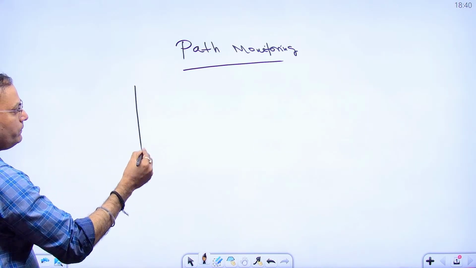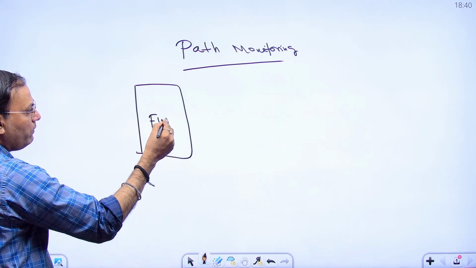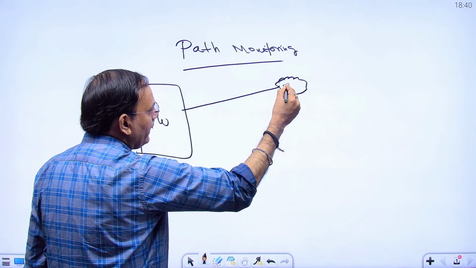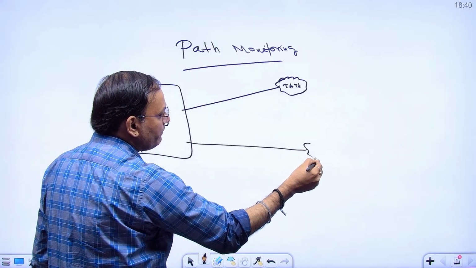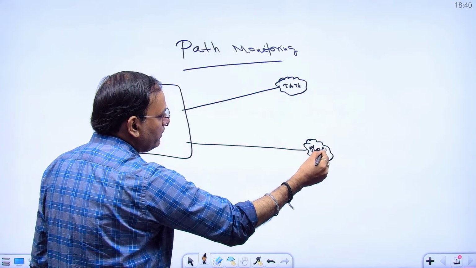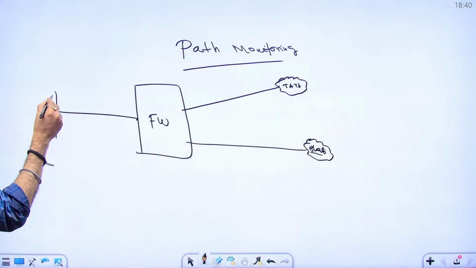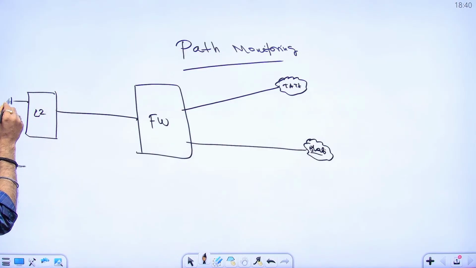For example, we have a firewall here, and on the firewall we have two ISPs connected, again Tata and Bharti. The basic concept is the same everywhere. So if you are good in your routing, then you are always good on the security side as well. The same approach, I am doing on your firewall, Tata and Bharti.